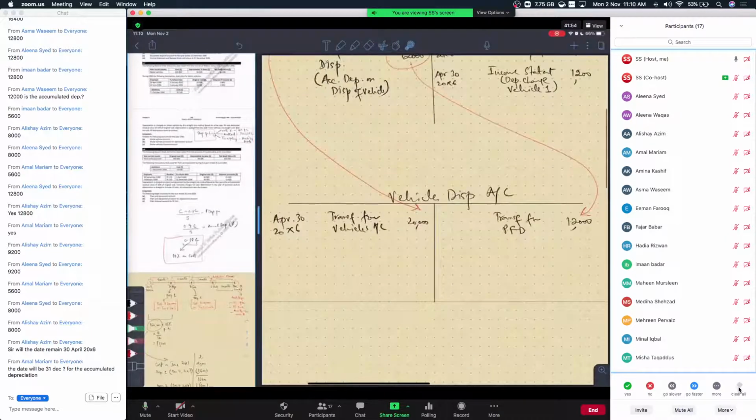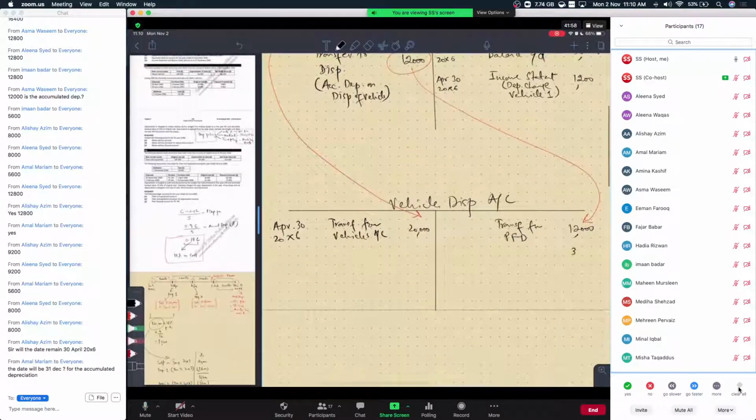So we will put here $3,800. We can write cash or bank because it doesn't say anything about 30th April 20x6. So we can leave it here.